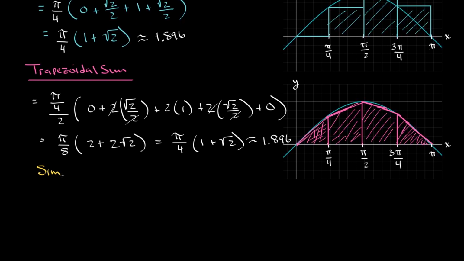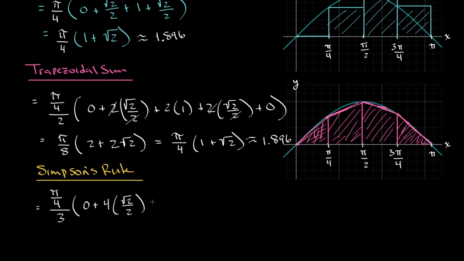So Simpson's rule finally. And we're told that Simpson's rule is going to be delta x over 3. So this is going to be pi over 4 over 3. And then we're going to be taking this. So it's going to be f of 0, so that's going to be sine of 0, which is 0, and then plus 4 times sine of pi over 4, which again is square root of 2 over 2.